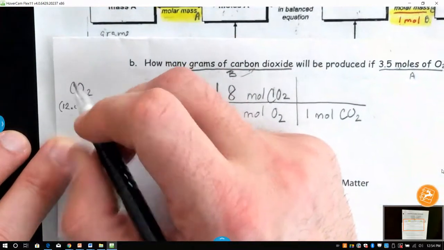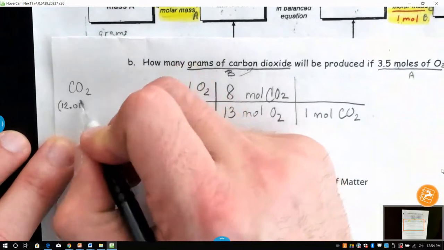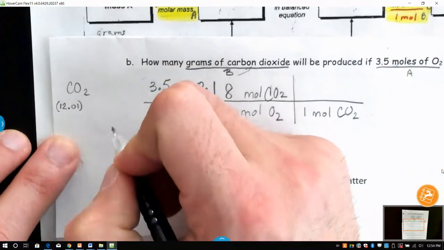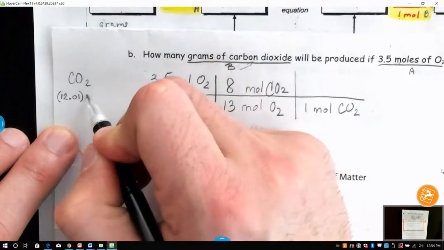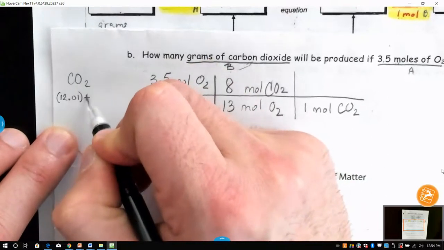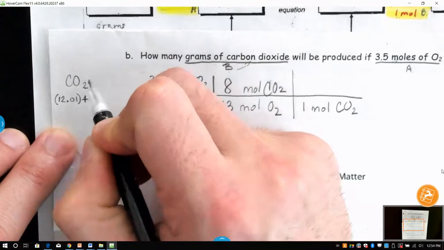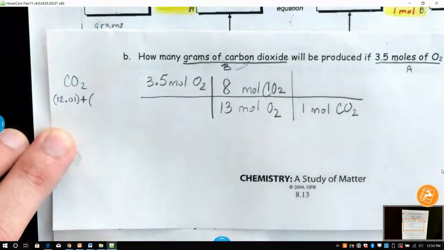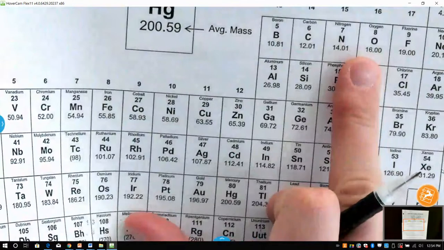How many carbons are there? Just one, so I close that parenthesis. Is there another element? Yes, so I add a plus sign. The next element is oxygen. I look up its mass on the periodic table, and we get 16.